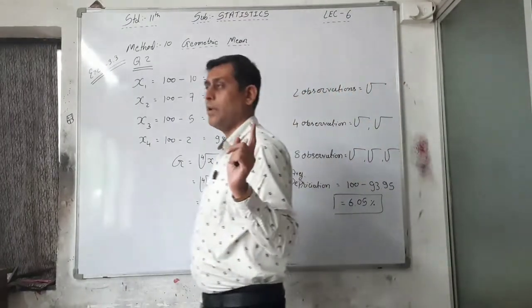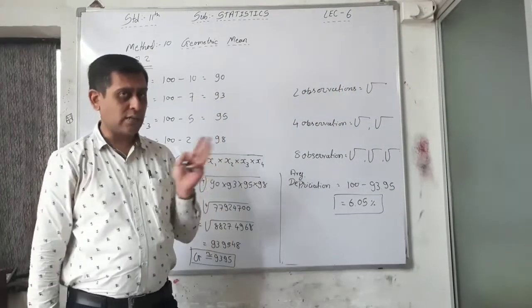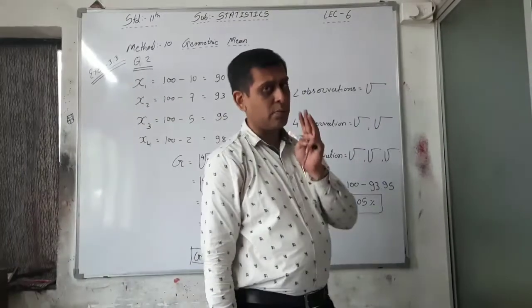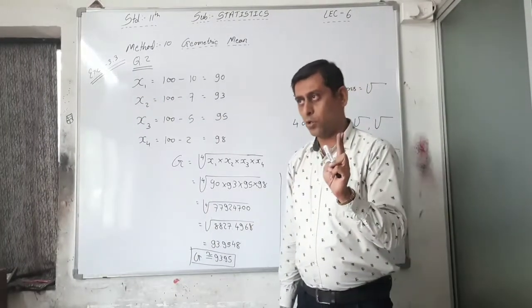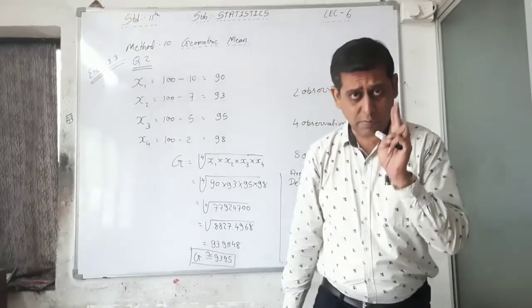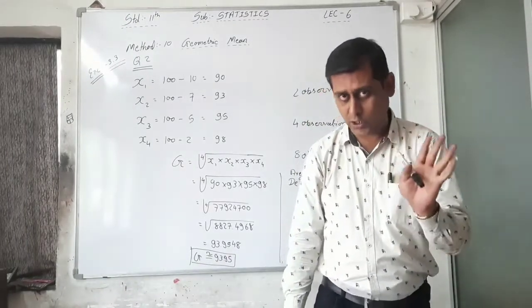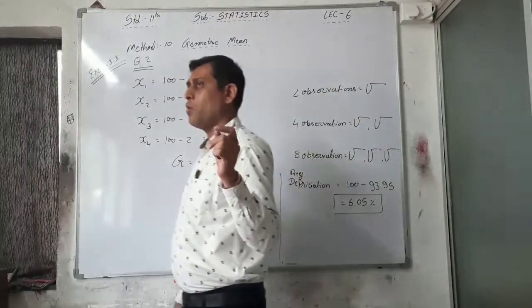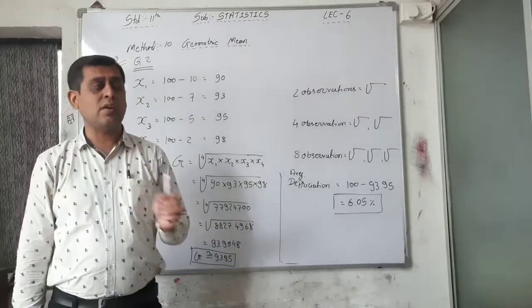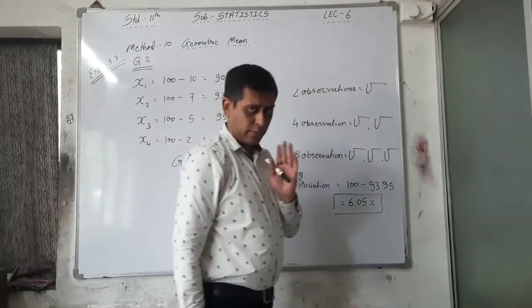See, in illustration in question number 1 of exercise 3.3 and in question number 3 is, in both the cases, geometric mean word is used. That's why you don't have to worry about that, because geometric mean is given and you have to find out the geometric mean.